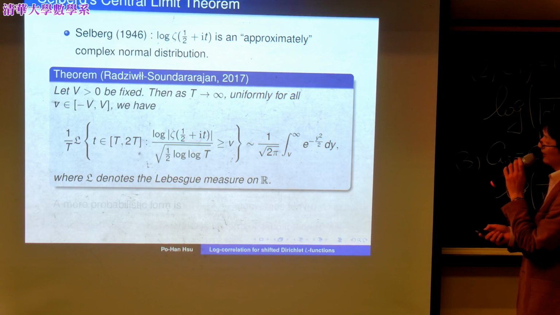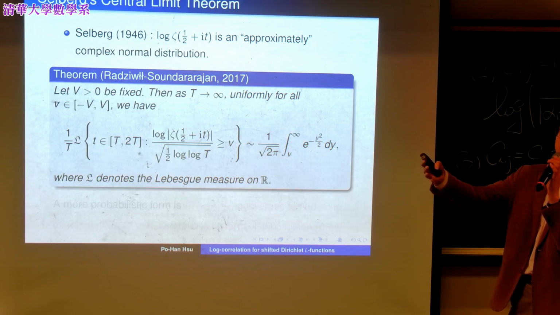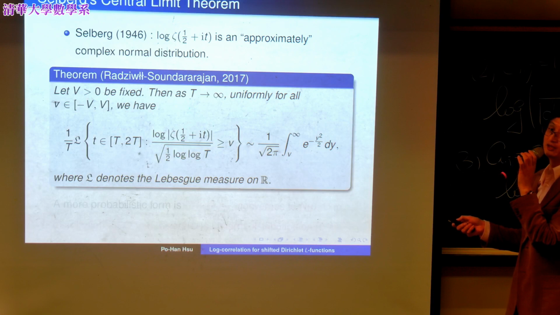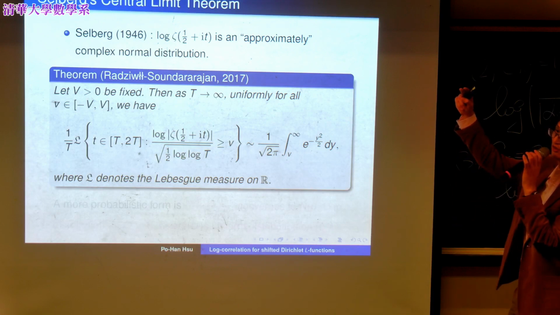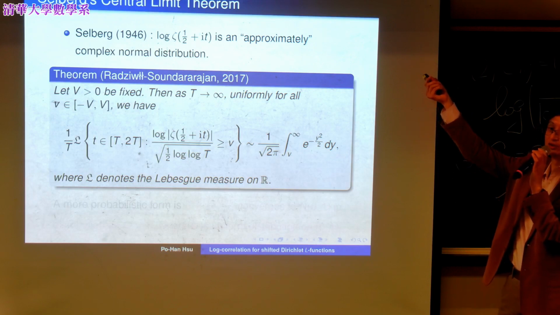On the other hand, you can ask how many t such that Riemann zeta can exceed, say, 3. If that is a huge amount of t, then you may guess that 3 is not the maximum value of zeta, because maximum means only a small portion can exceed that quantity.